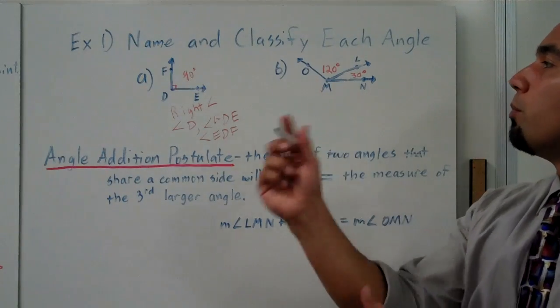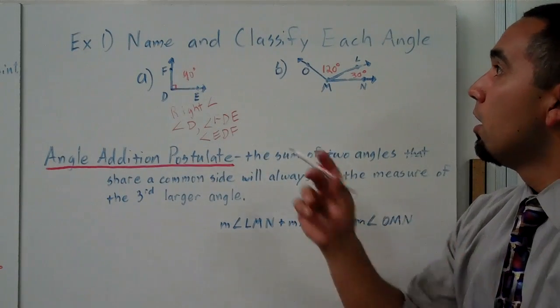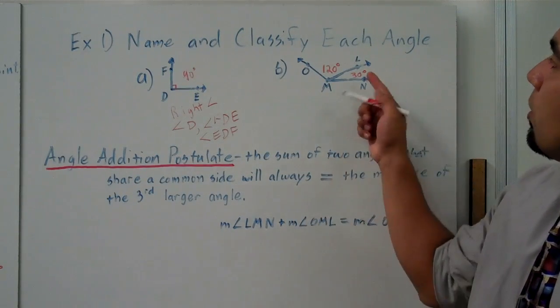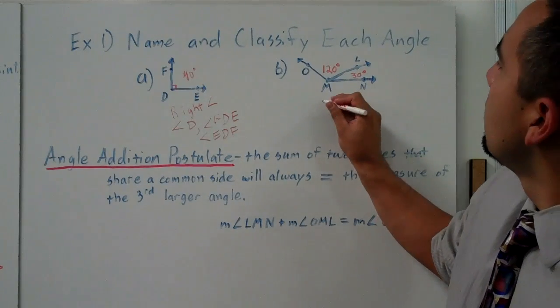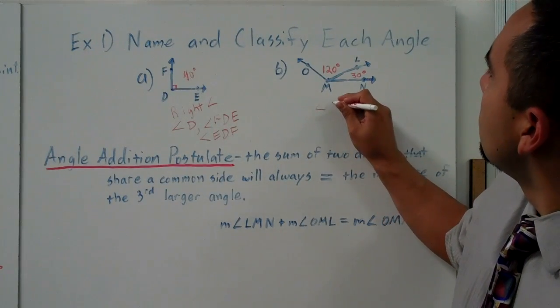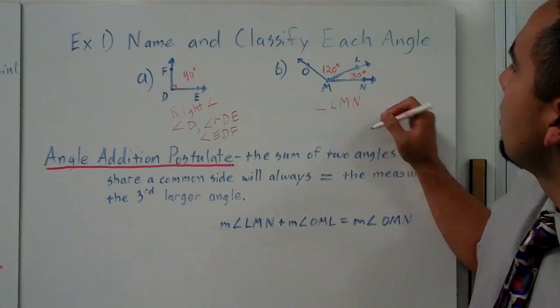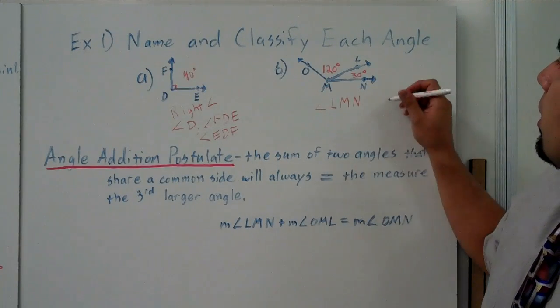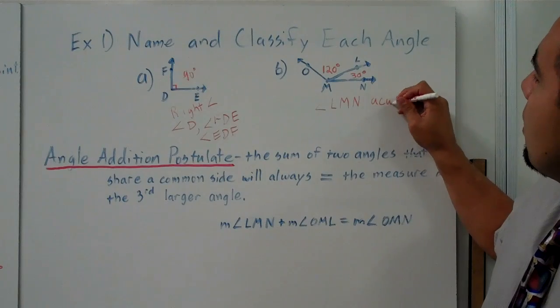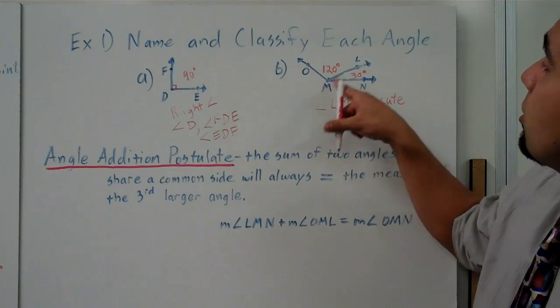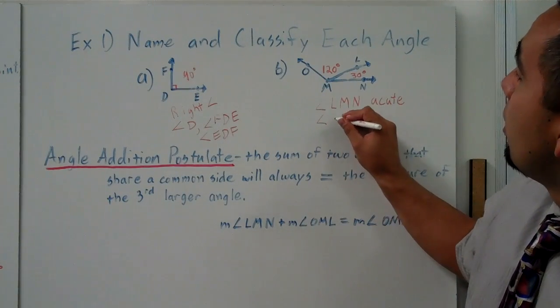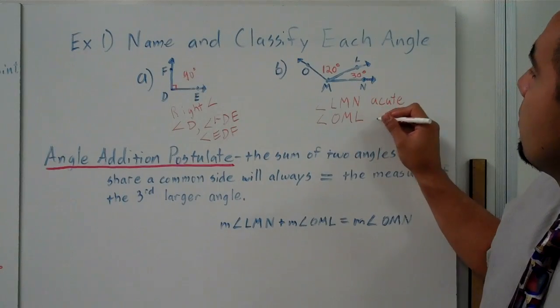For letter B, it says name and classify. So here I have a 30-degree angle. I'm going to say angle LMN. That is what kind of angle? That is an acute angle, right? I also have angle OML.